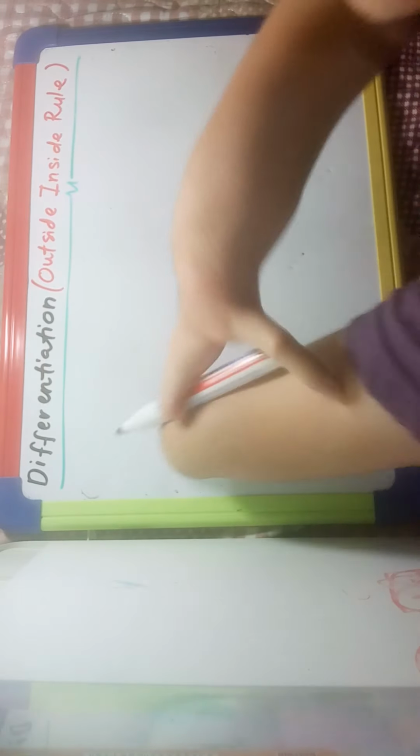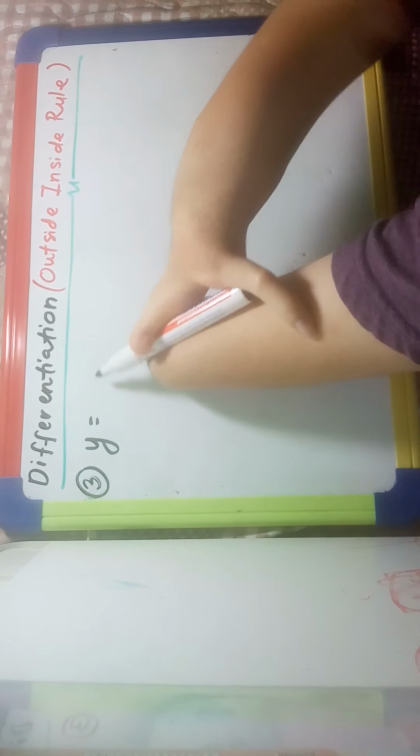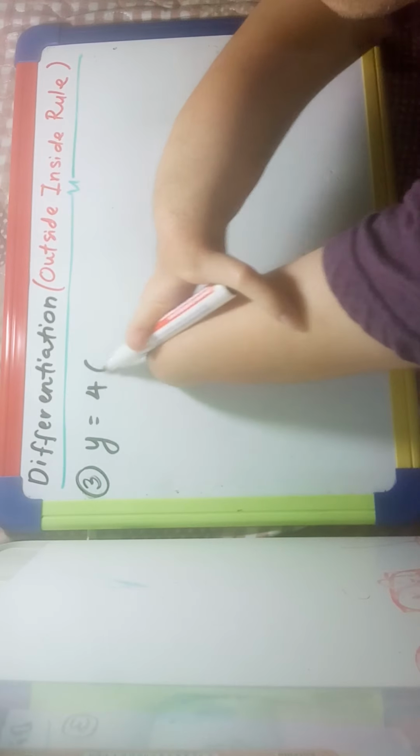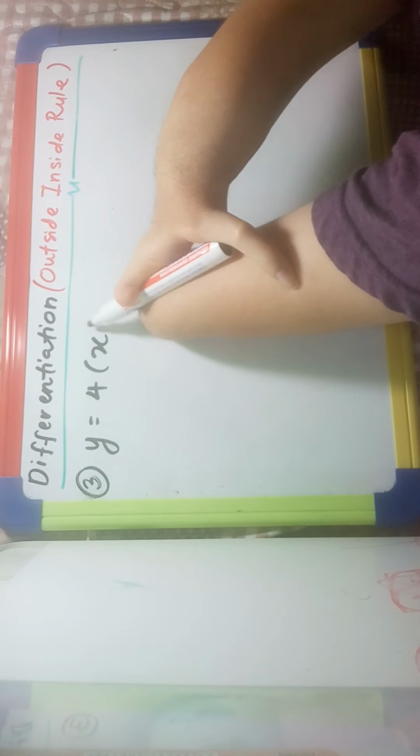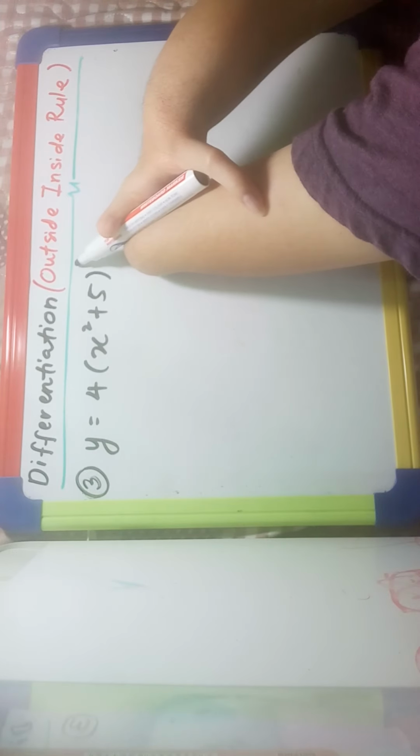Okay, let's say if we have something like this. Example number 3. Y equals 4 times the bracket x square plus 5 to the power of 3.